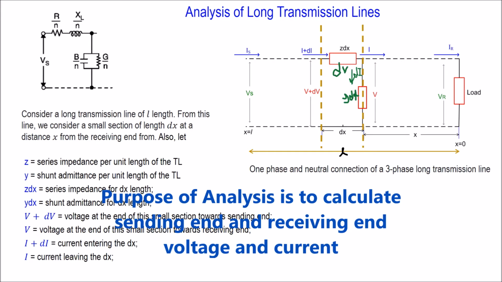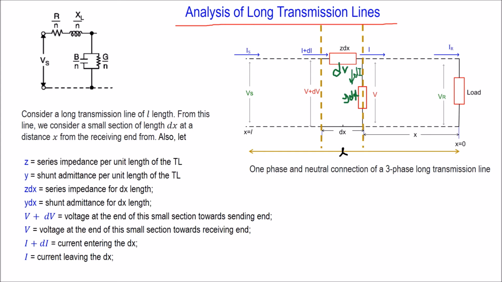Now analysis of long transmission line. Let us consider a long transmission line of length L. So Vs is the sending end voltage, Is is the sending end current and IR is the receiving end current, VR is the receiving end voltage, right?